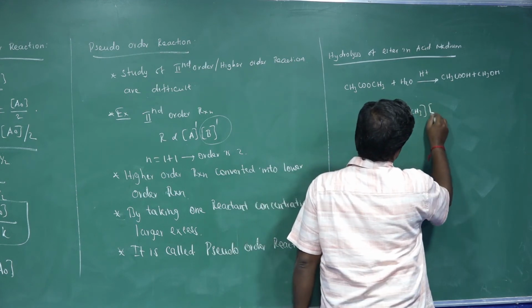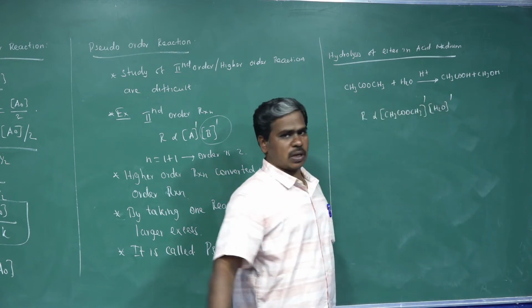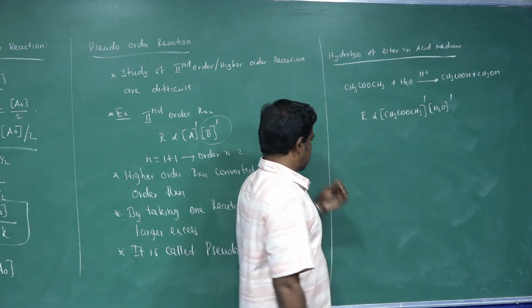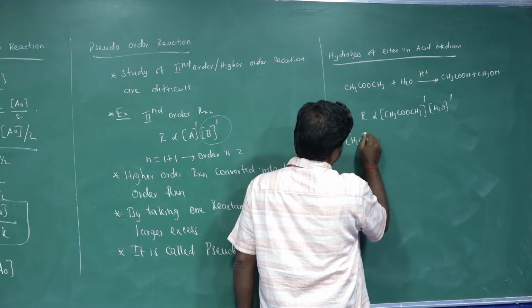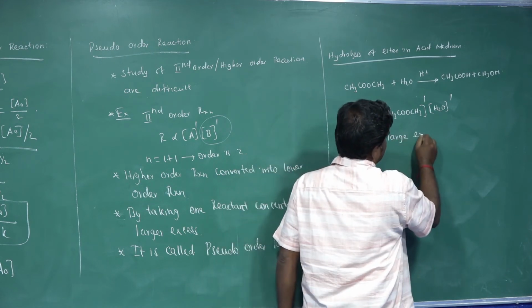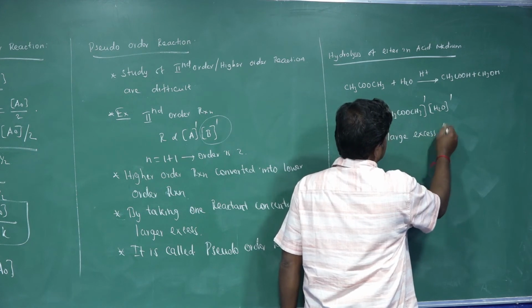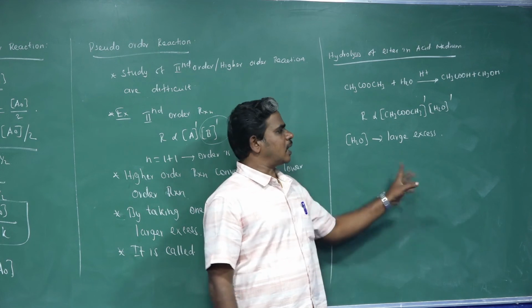and the concentration of water, with power 1 and 1. Actually it is a second order reaction. Now here the concentration of water is taken in large excess, since the solvent is water and the solvent is always taken in larger excess.